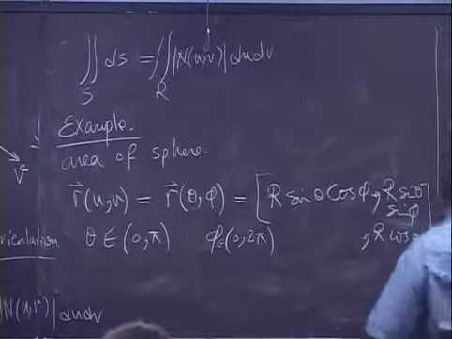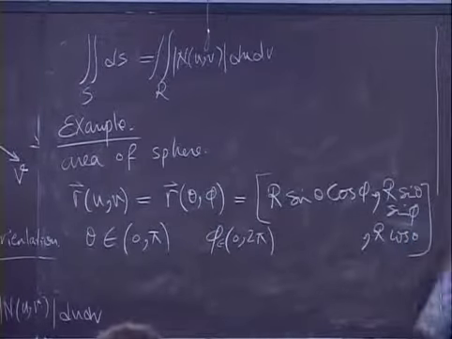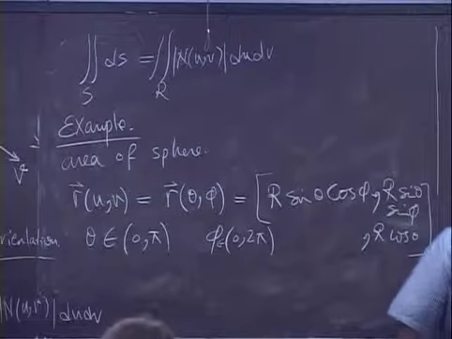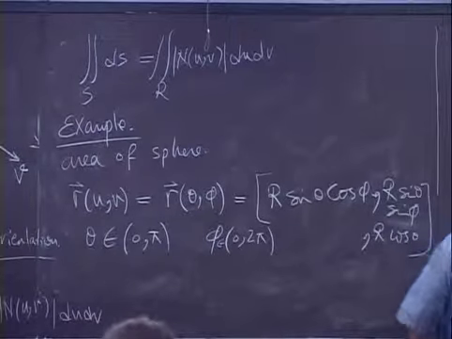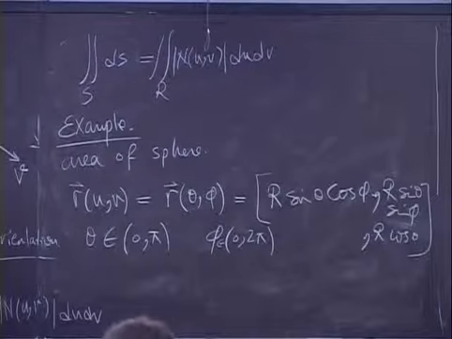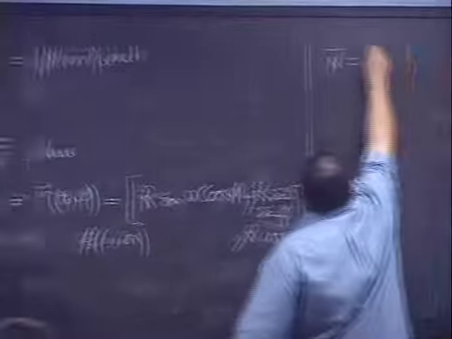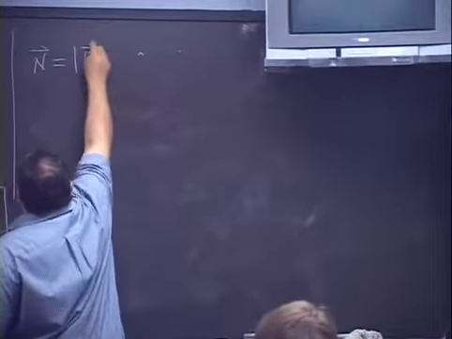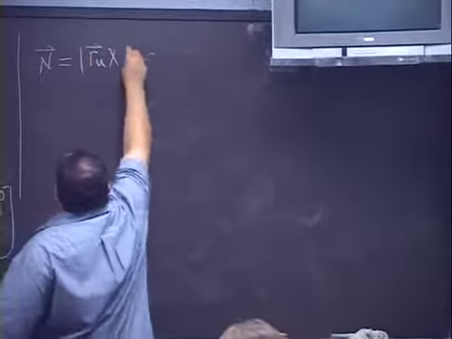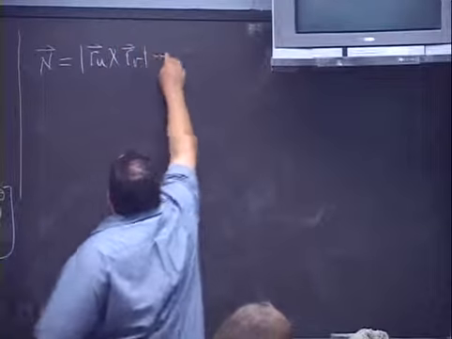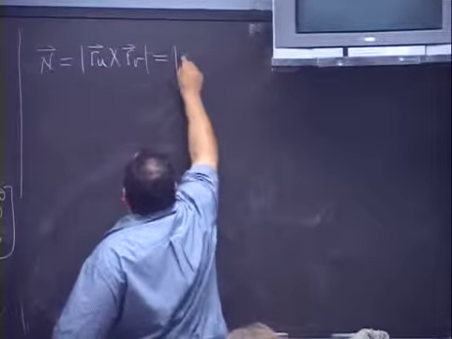Now, let's calculate n. What's n, guys? It is dr by du cross dr by dv, that is, r_u cross r_v. But what are u and v?